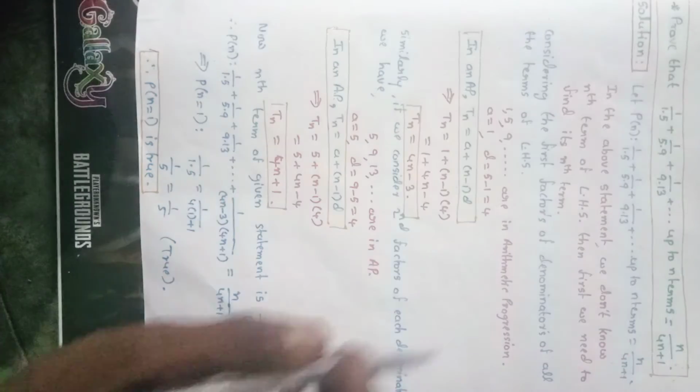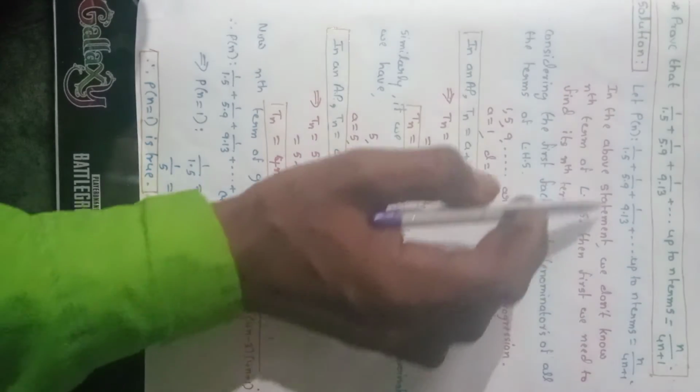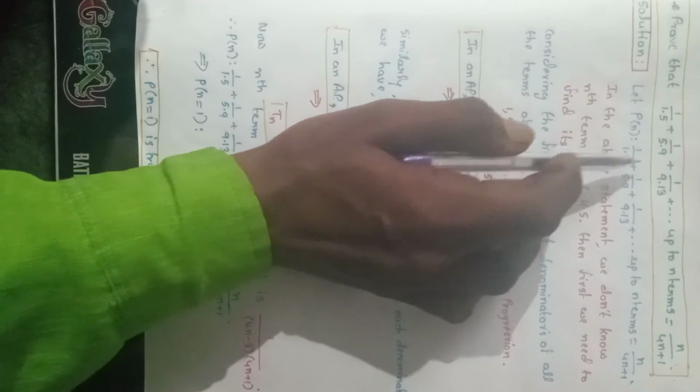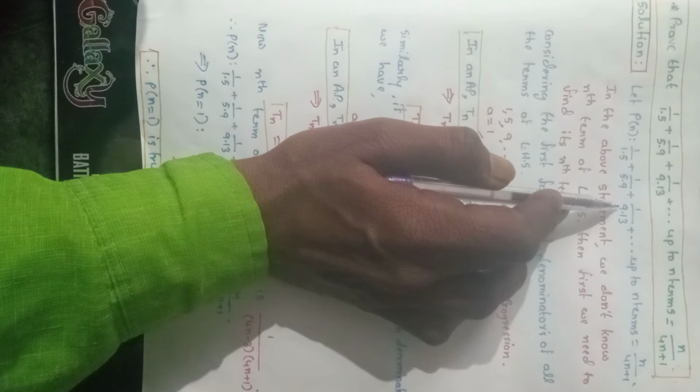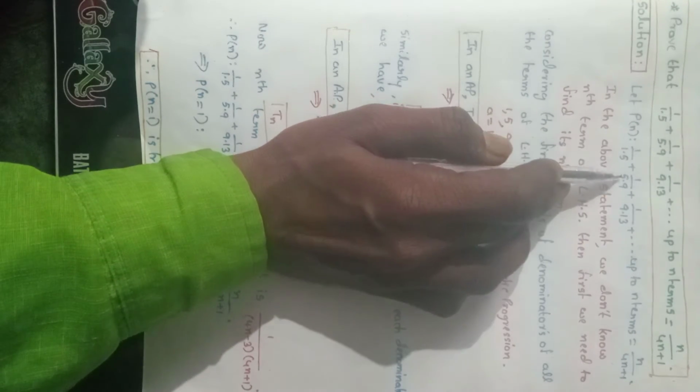Just take only the first factors of the denominators of every term. In the first term the first factor is 1, in the second term it is 5, in the third term it is 9. So consider only the first factors 1, 5, 9.